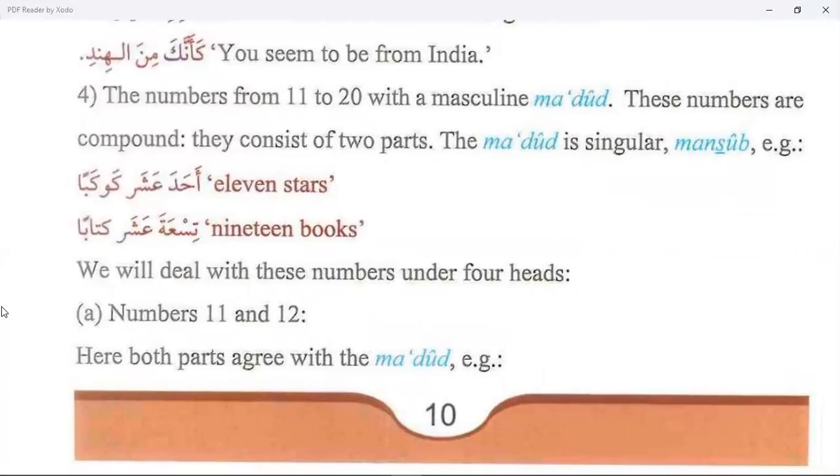Should I say first, second, or only wahid, ithnan? What is the Arabic for one male student? Talib?